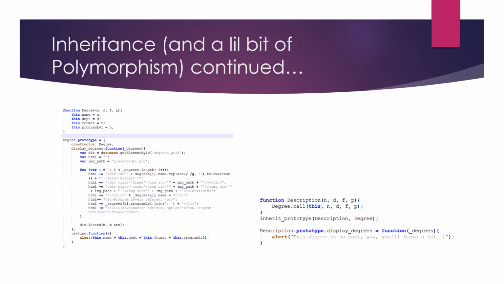Now we have a description object, and you can override the display degree function from the degree object. I just put an alert box, so if you click on the View Program Options button, the alert box should pop up.